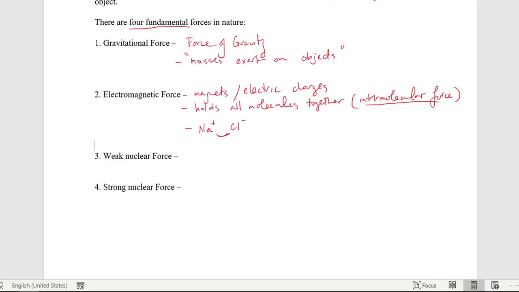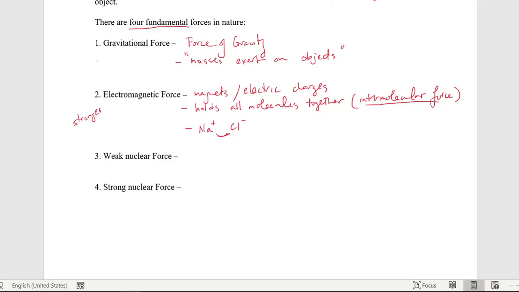Now, if you were to decide, is gravity stronger or is the electromagnetic force stronger? What do you suppose is stronger and what is weaker? So a lot of people would think gravity is stronger, but in fact, the electromagnetic force is stronger.